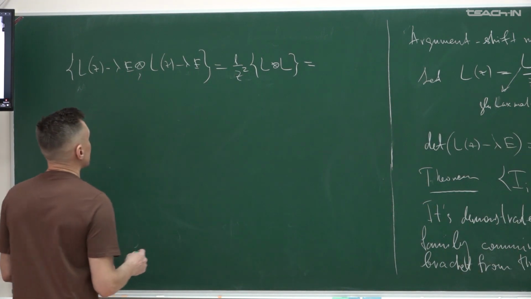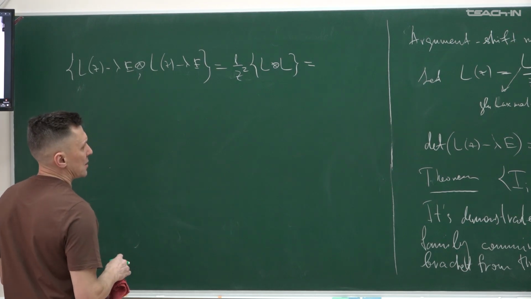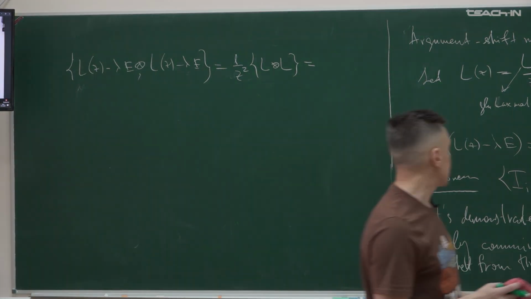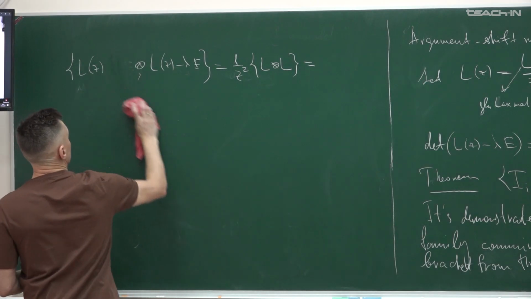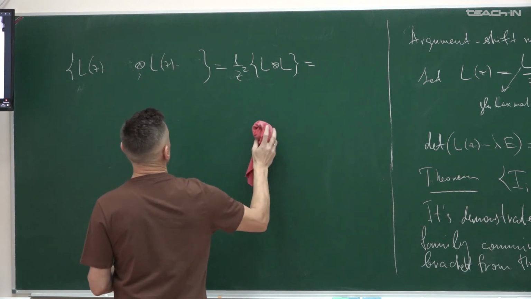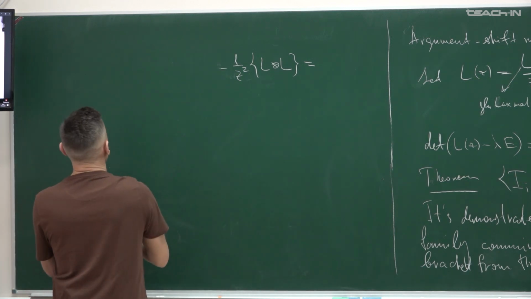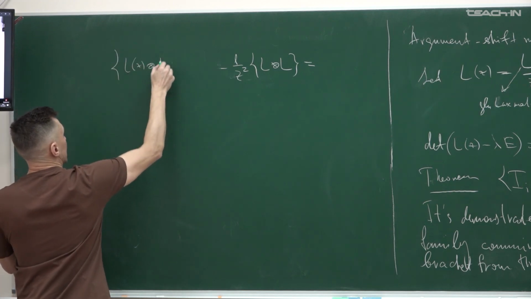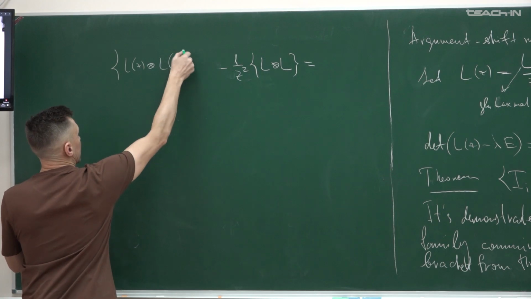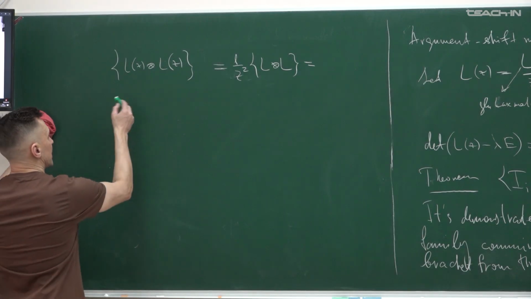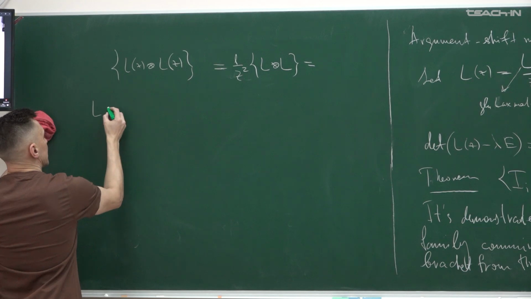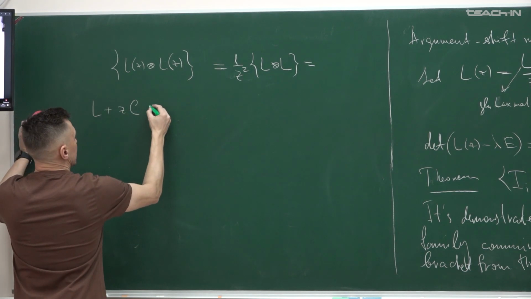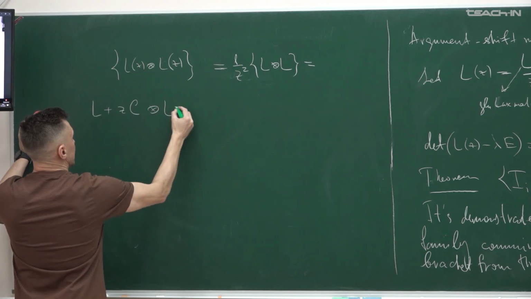But I have too much parameters. Let me consider just this bracket, L of z. Let me multiply by z and calculate such a bracket.